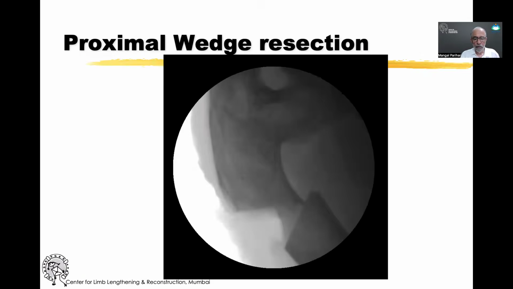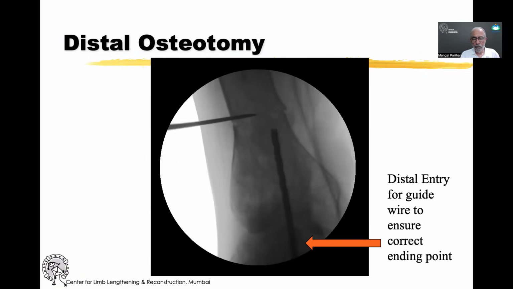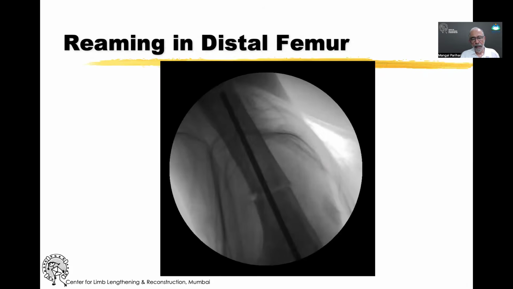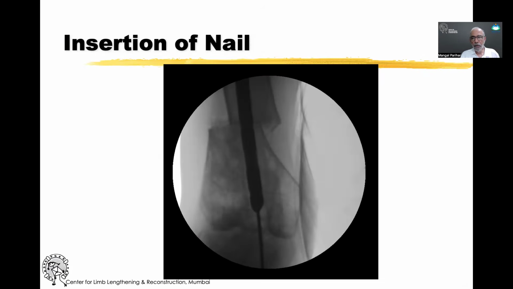So therefore, we went in through the distal femur through a small incision at the level of the knee, put in a guide wire from there, from below up, and then reamed over that guide wire and put in the nail from the top over that same guide wire. Right?